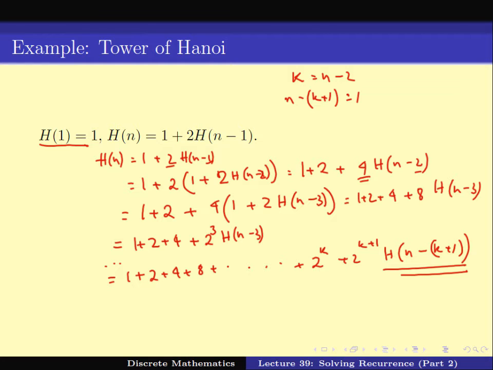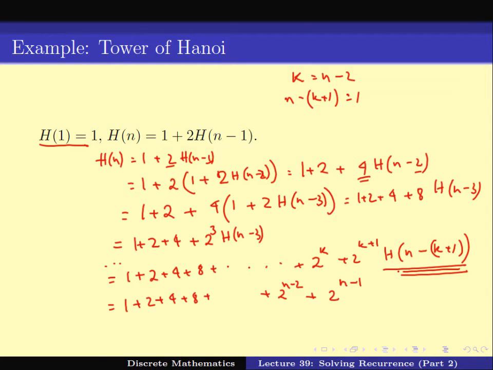So then this becomes H1, which is 1. So I get 1 plus 2 plus 4 plus 8 plus 2 power k, which is n minus 2, plus 2 power n minus 1 times H1, and since H1 equals 1, I can forget this statement.